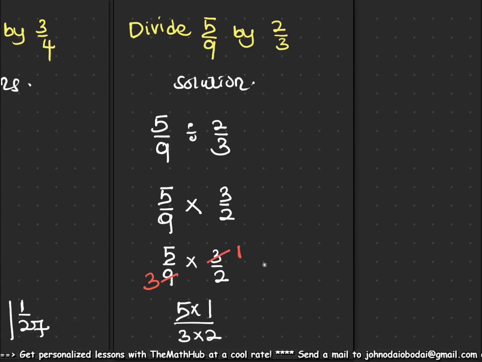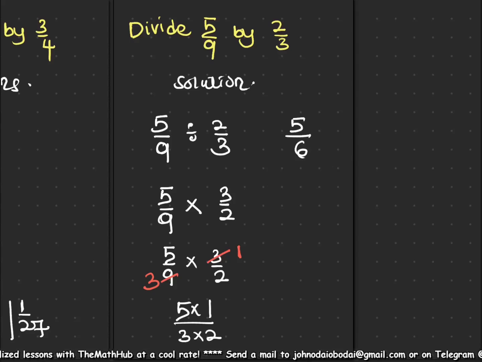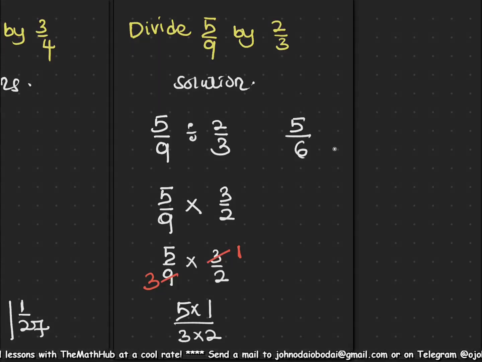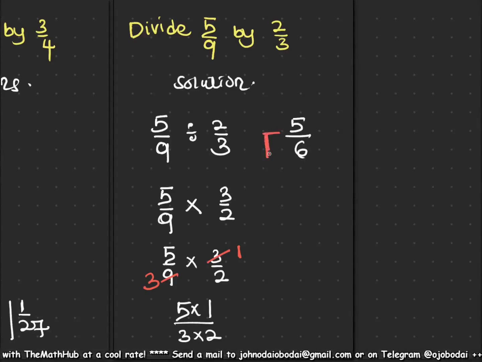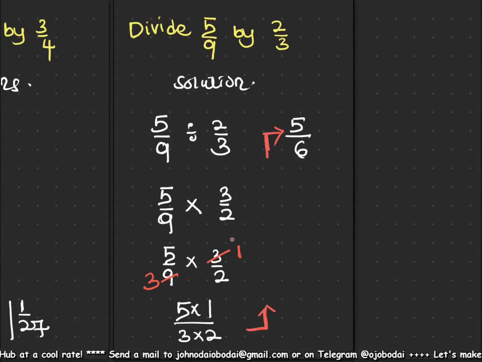And we know 5 times 1 gives us 5. 3 times 2 gives us 6. So it implies that 5 over 9 divided by 2 over 3 gives us an answer of 5 over 6.